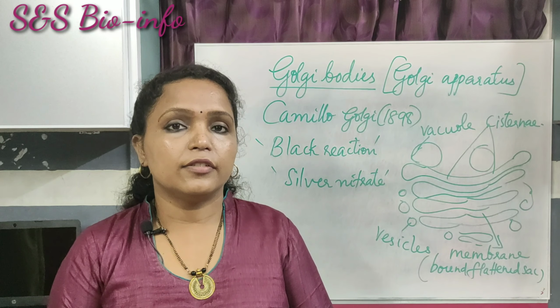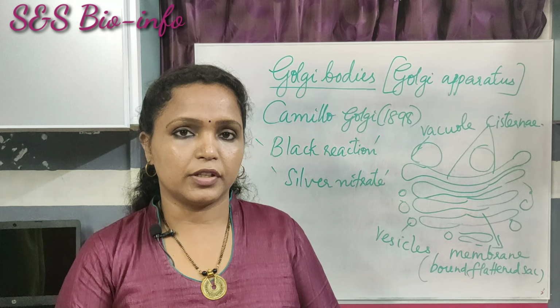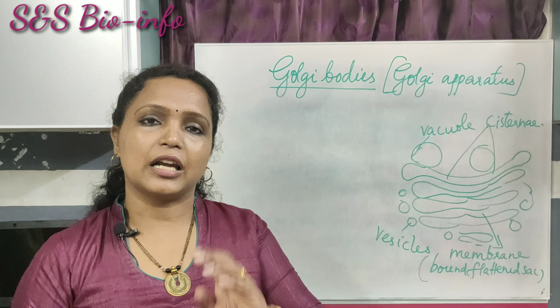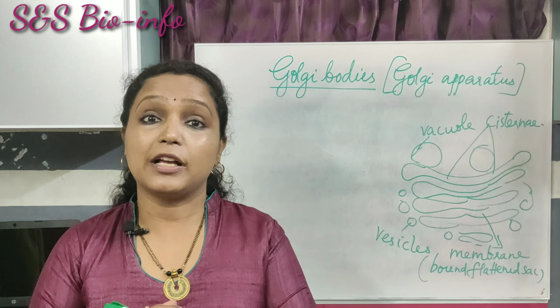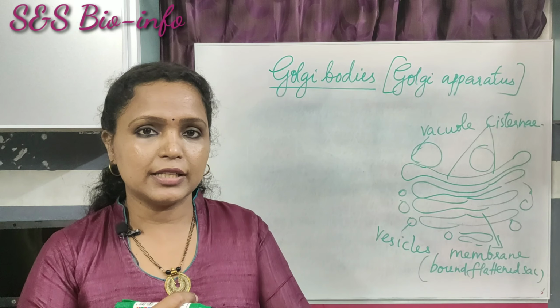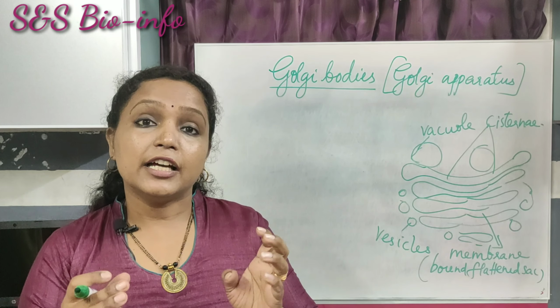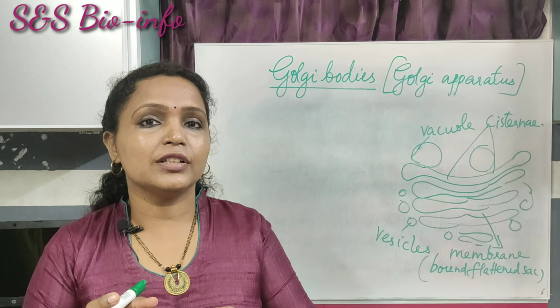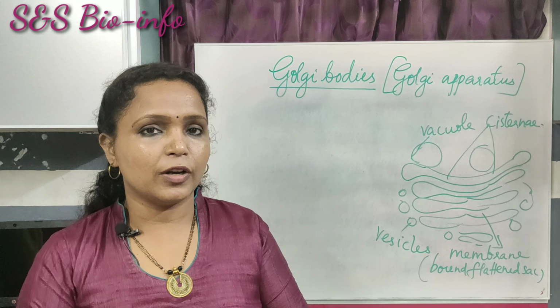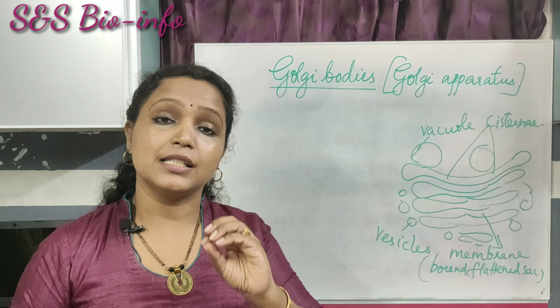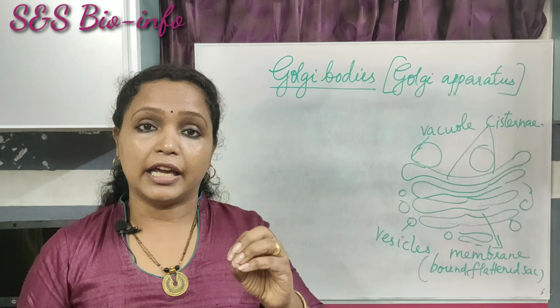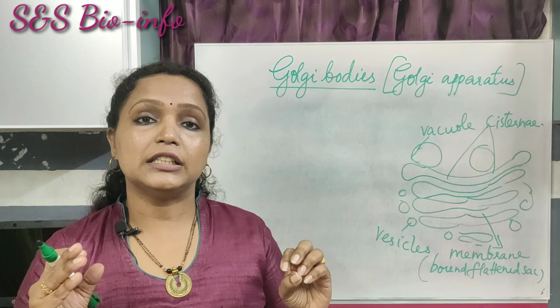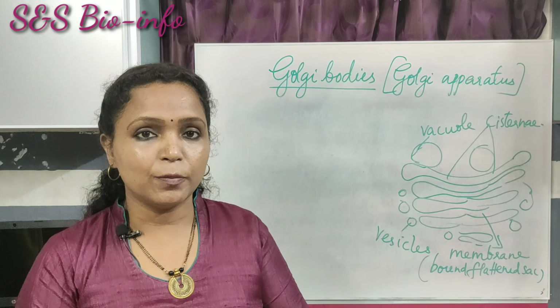Now let's understand the functions of Golgi bodies. Golgi bodies are located near the endoplasmic reticulum of the eukaryotic cell because their functions are related with the endoplasmic reticulum. The materials that are synthesized in the endoplasmic reticulum are transported to the Golgi bodies.